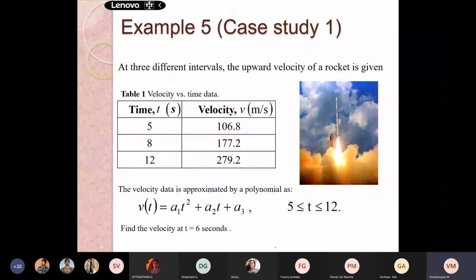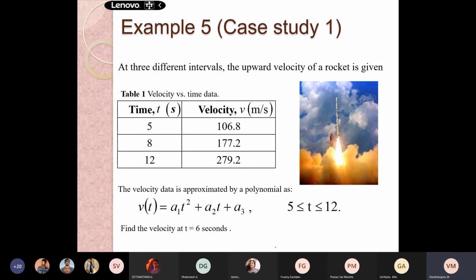Yes. See, this is your today's exercise for practice, example 5, that is case study 1. At 3 different intervals, the upward velocity of a rocket is given here. At 5 seconds, the velocity of the rocket is 106.8 meters per second. At 8 seconds, the velocity is 177.2 meters per second.